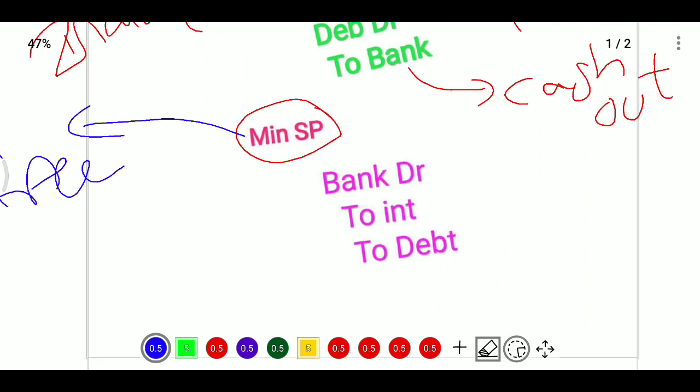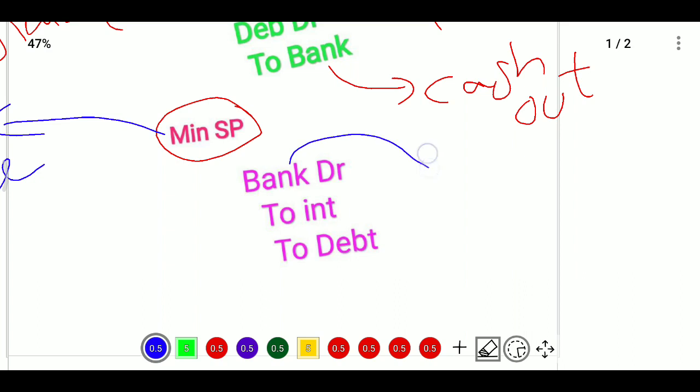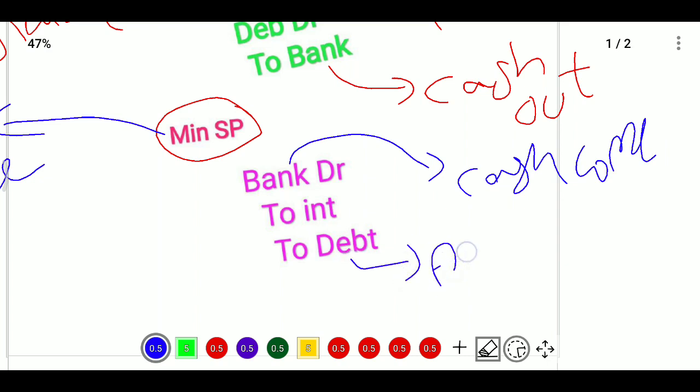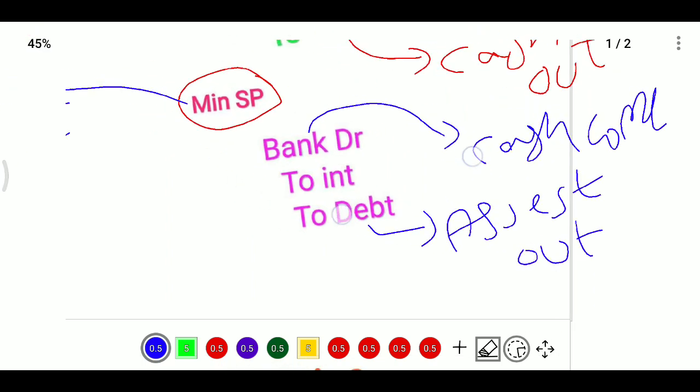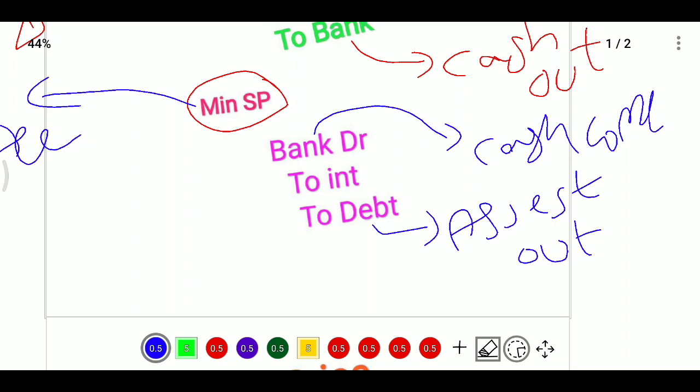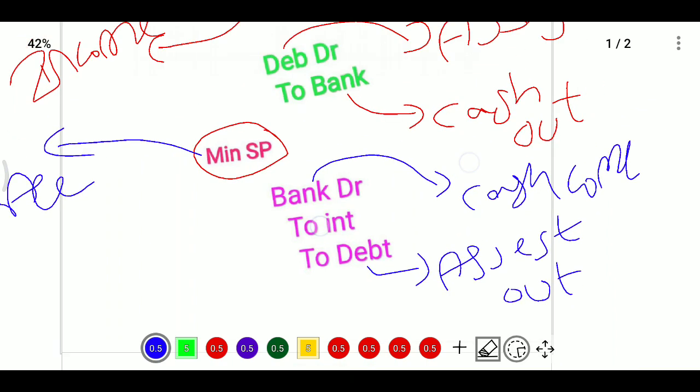So debit what comes in, bank account, debit to interest receivable, to investment in debenture. When an asset is created, that is, when you invest at the time of purchase, the asset is debited. Now you are selling, so the asset is going out, which means credit side. So this entry will be passed at the time of sale of the debentures.